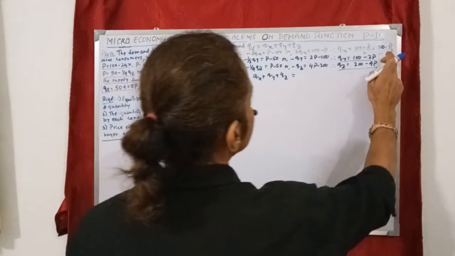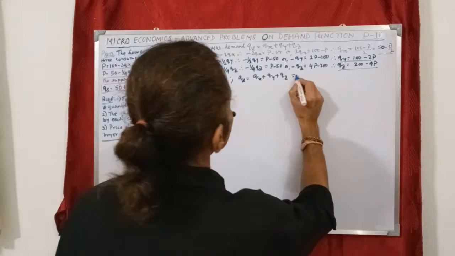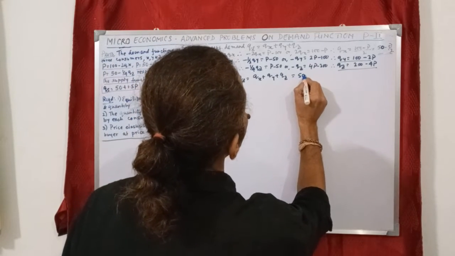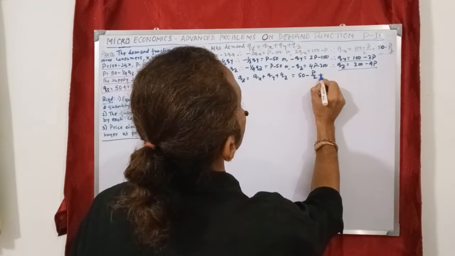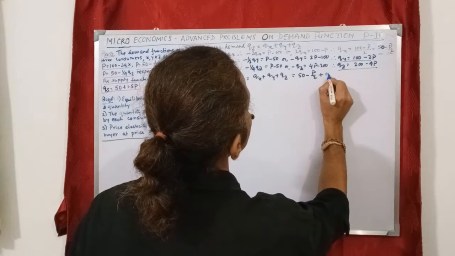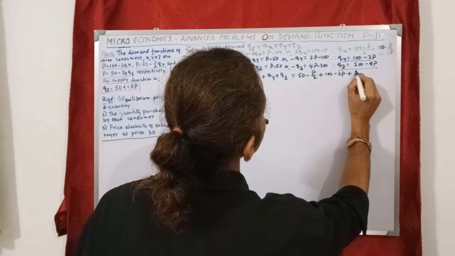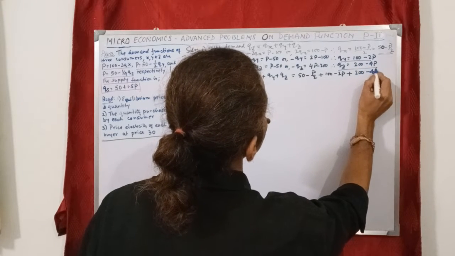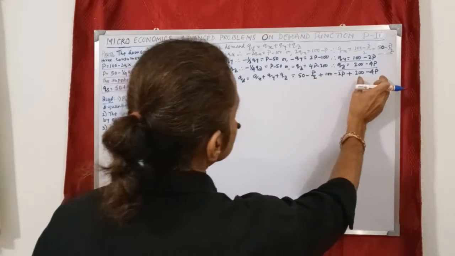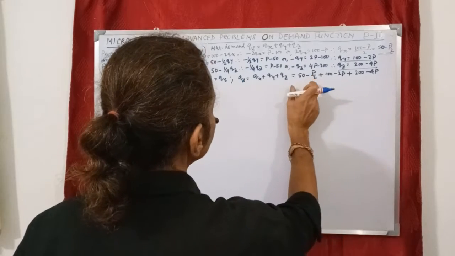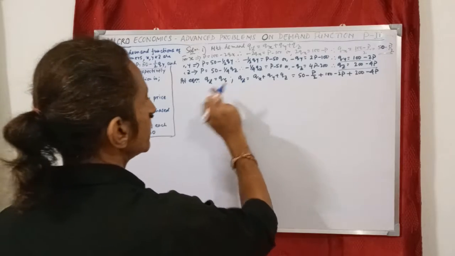This is equal to 50 minus P by 2 plus 100 minus 2P plus 200 minus 4P. This is QX, this is QY, this is QZ. The sum of QX, QY and QZ gives us QD, that is market demand.